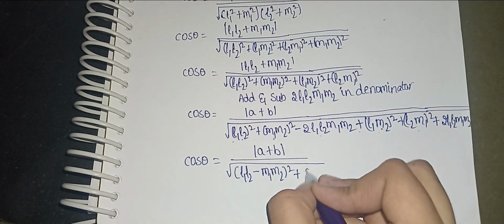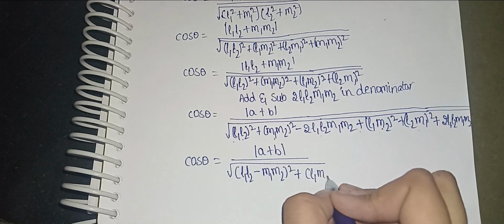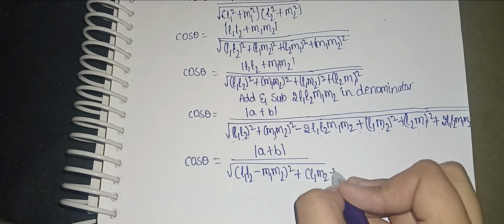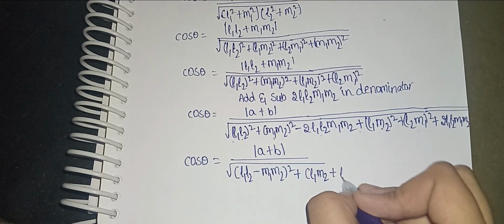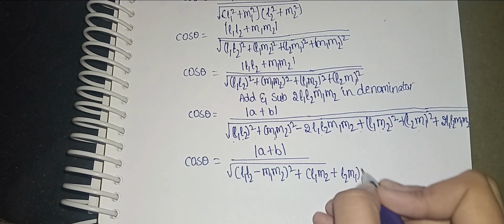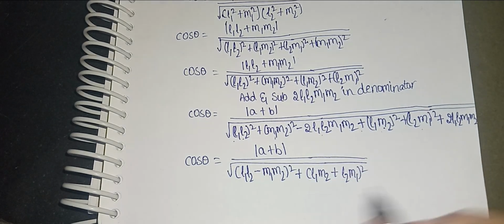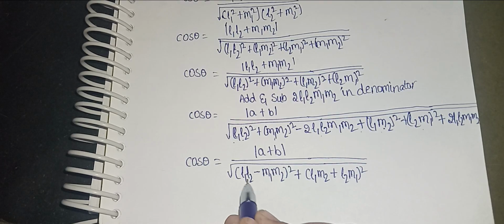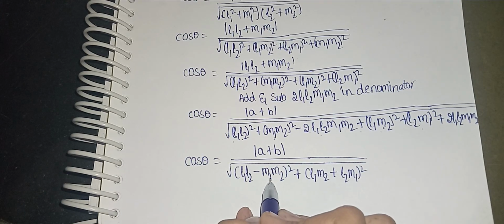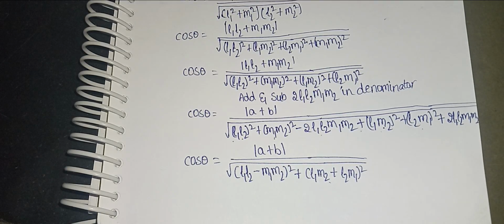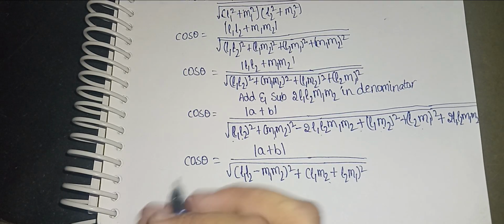What is a? L1 M2 plus what is b? L2 M1 whole square. See, what is L1 L2? A. What is M1 M2? B. What is L1 M2 plus L2 M1? 2H.